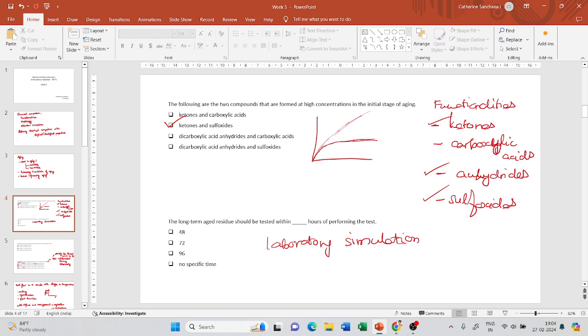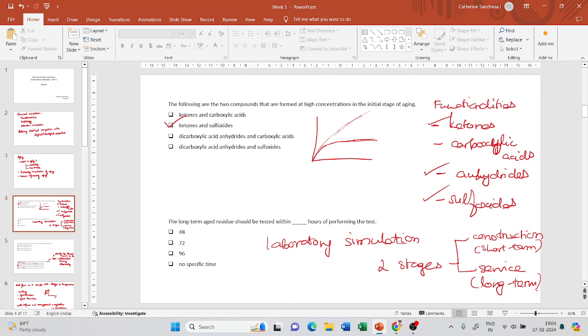Aging happens in two stages, right? One during construction and the other during service. This we call short-term aging, and this we call long-term aging.